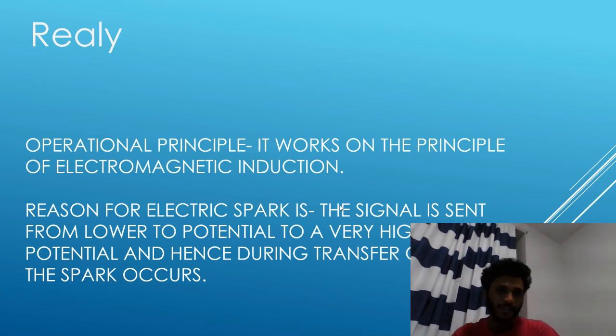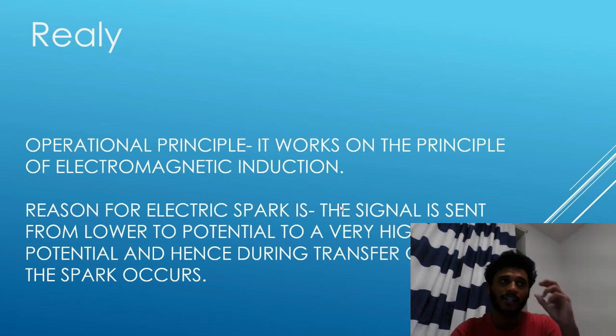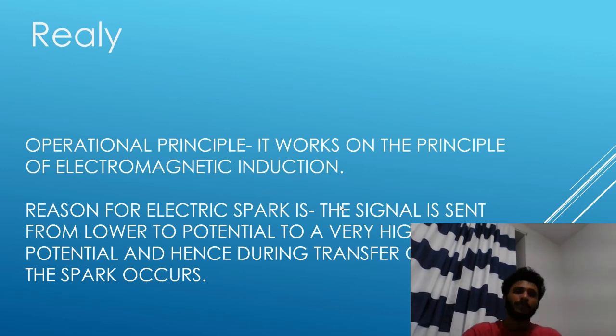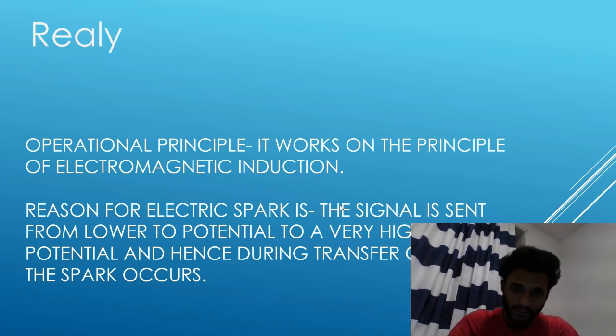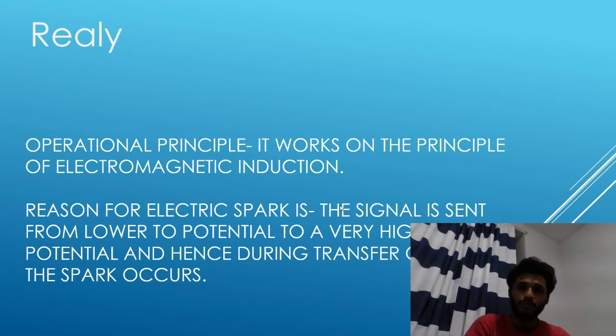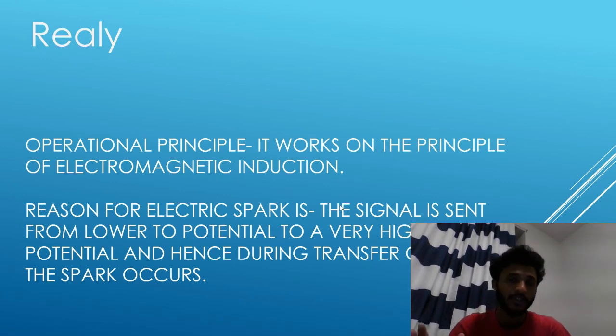Now there is a question: why is there an electric spark whenever a relay is used? The spark has a significant reason. The signal is sent from a lower potential to a very high potential, and the relay's work is to connect between a lower and a very high potential.